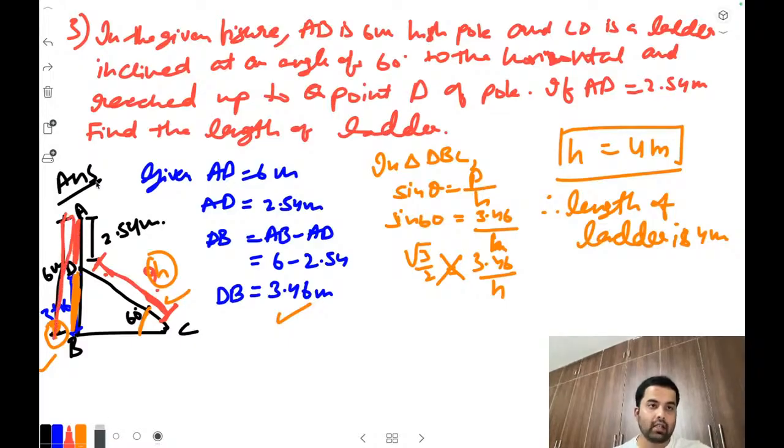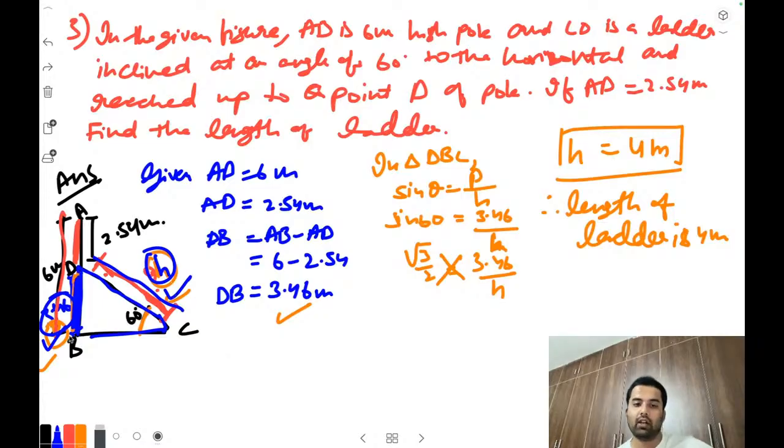So what we did here, first we wanted the value of this blue color one. So how to get it? The whole minus this part. So we got 3.46. As we know, in this triangle, the blue color triangle, this is our H, which is the ladder. So the P value we got, and the H value we have to figure out. According to P by H, we know that sine theta will apply. We applied it, we got the answer.